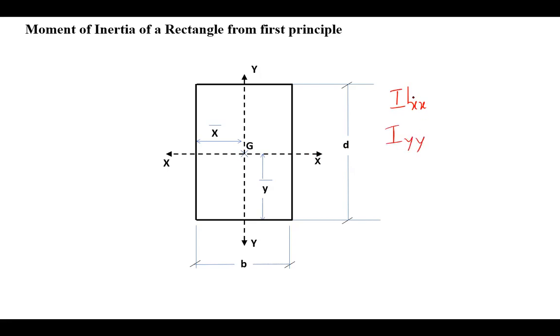These both we need to find out in this class. We may also need to calculate the moment of inertia about the base axis like AB and CD. Next, let us first consider Ixx.